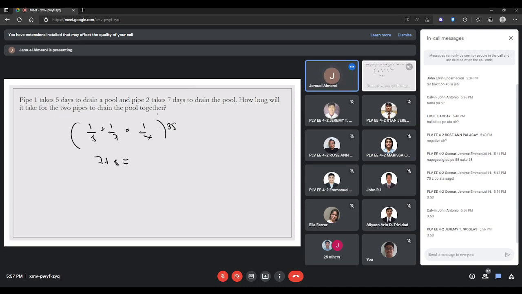Dapat may x pa pala, sorry. So lagyan natin to. 7x plus 5x equal to 35. So 12x equal to 35, thus x would be equal to 35 over 12.